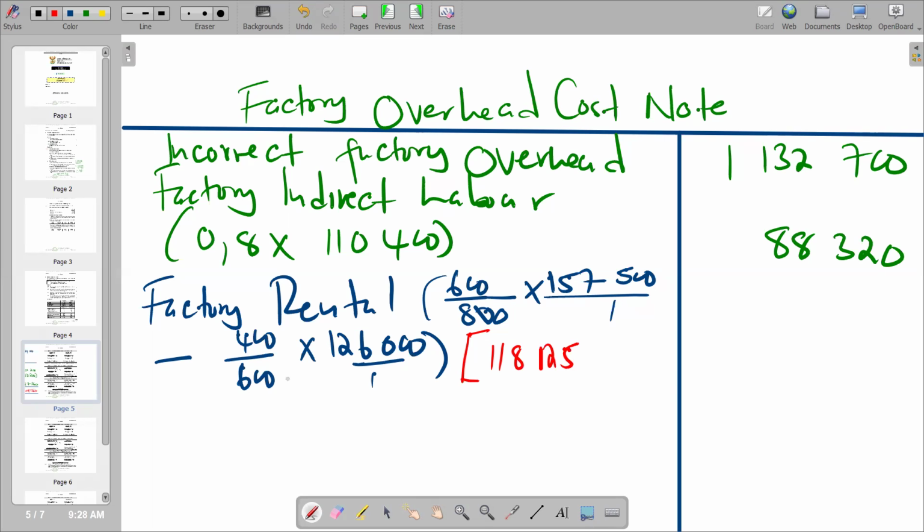And then if you calculate this part, 400 over 600 times 126,000, you're going to get your answer is 84,000. So we subtract 84,000.